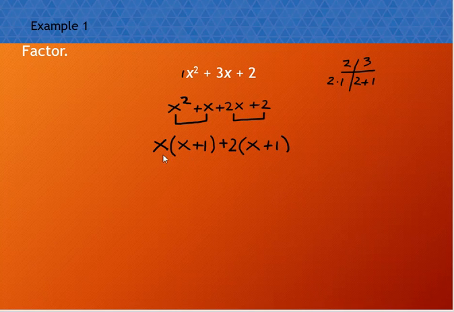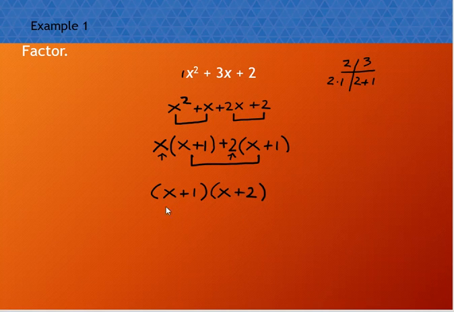So now we see that the first term and the second term have in common x plus 1. So we're going to factor out x plus 1. After we factor out x plus 1, we get x plus 2, and we write that in a separate parenthesis.